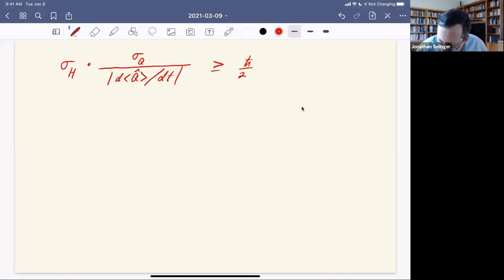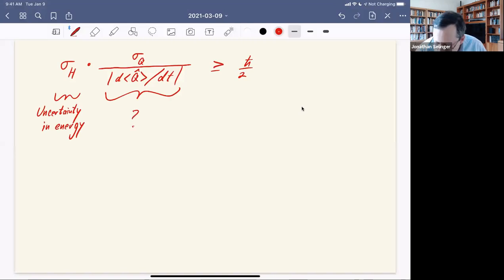So this thing is the uncertainty in energy. Now maybe we wonder, what is this ratio?